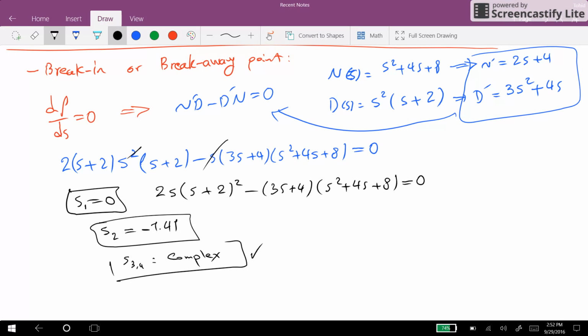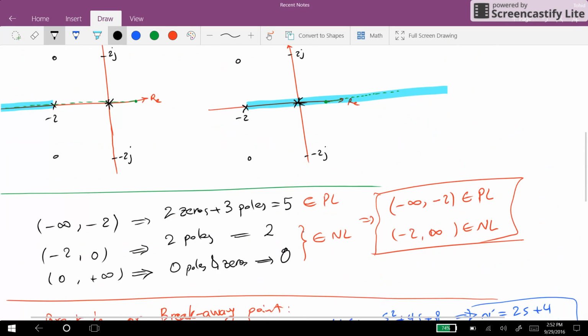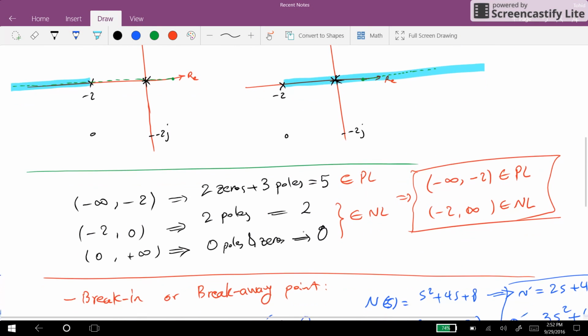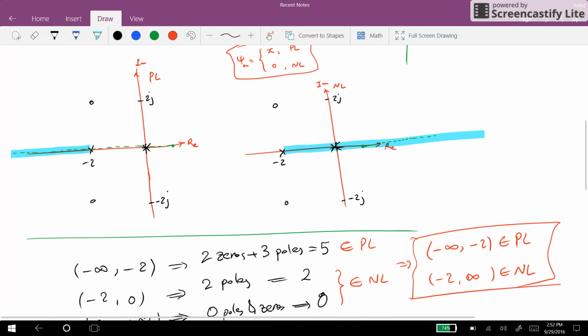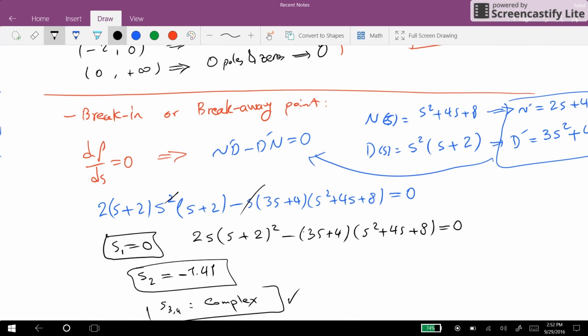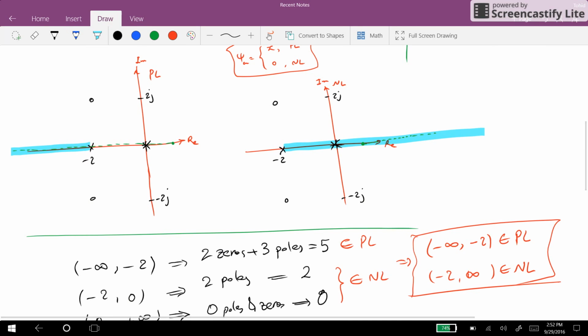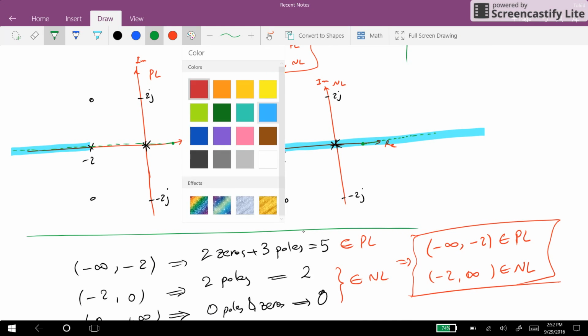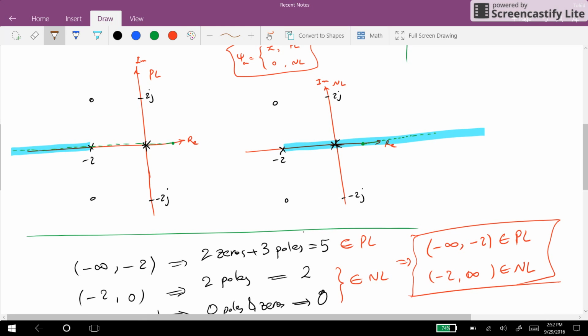And we need to determine which one belongs to the positive locus or negative locus. So again, going back here and having a look at our initial plots for the root locus, we see that the point minus 1.41, this point here, for sure belongs to the negative locus. Why? Because it's somewhere here, minus 1.41.